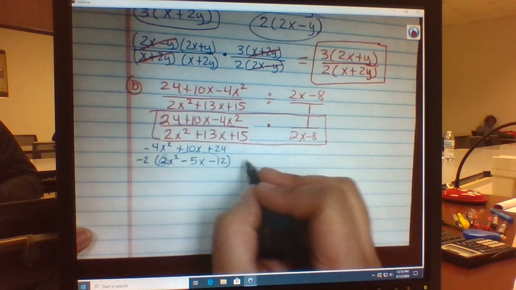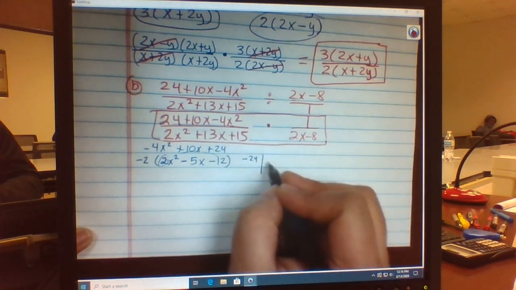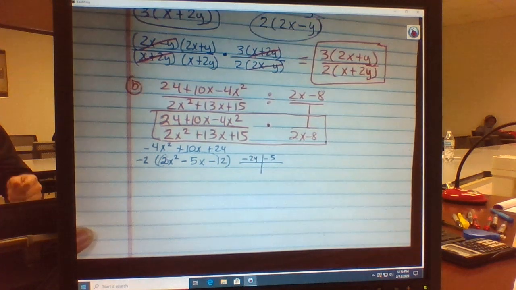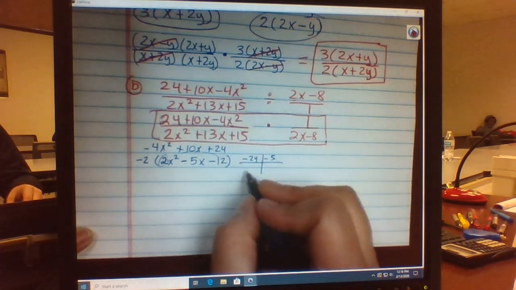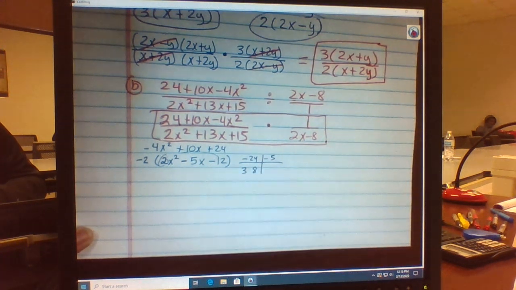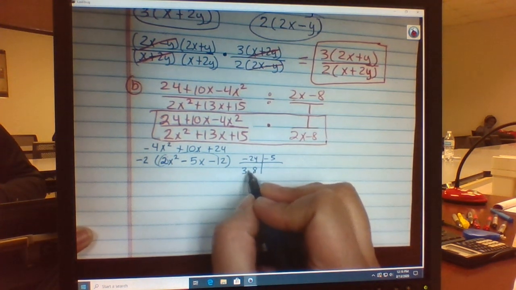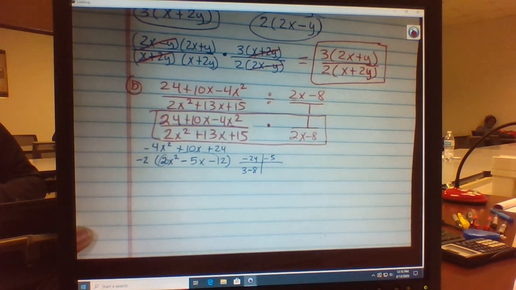2 times negative 12, negative 24, and it needs to add up to a negative 5. So that's going to be 3 and 8. Who has to be the negative? The bigger number, because it's a negative 5.